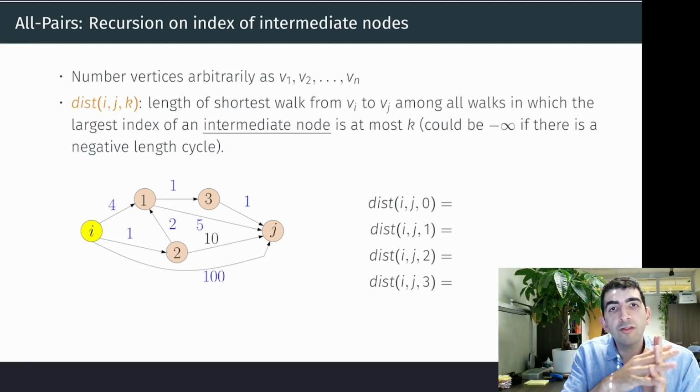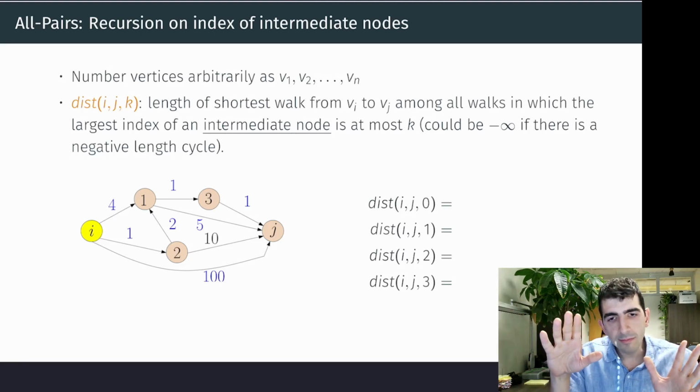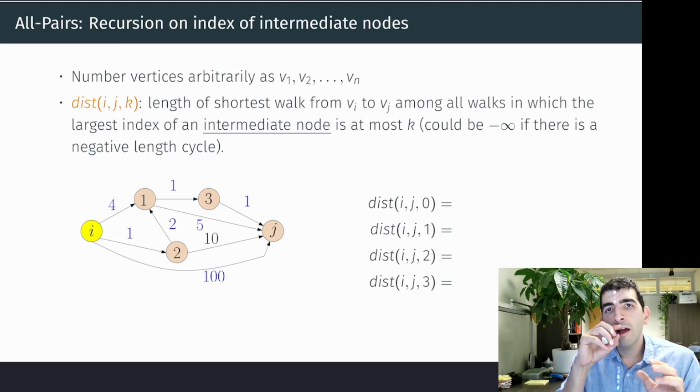First, let's just number all the vertices, like 0 to n minus 1, whatever. Okay, so how about instead of the number of edges, we say we're going to find the shortest path using vertices.